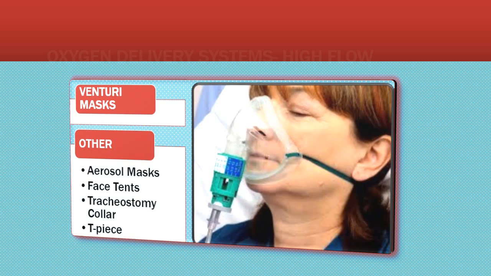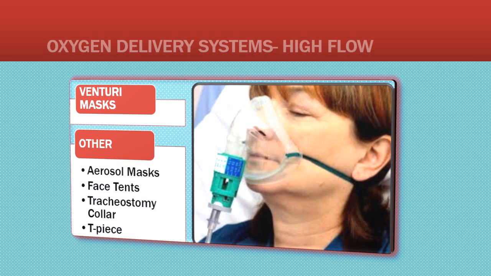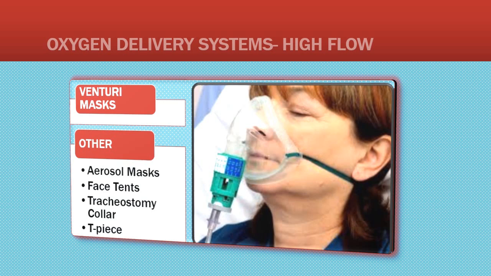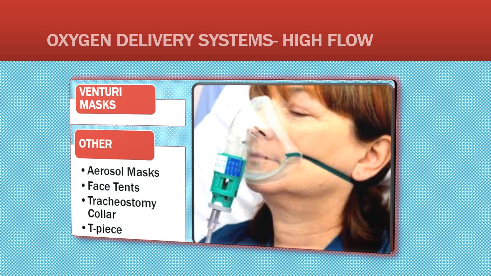When we talk about high flow O2 delivery systems, high flow systems include the Venturi mask, the aerosol mask, the face tent, the tracheostomy collar, the T-piece that deliver accurate levels of oxygen that meet the patient's oxygen needs when properly fitted.